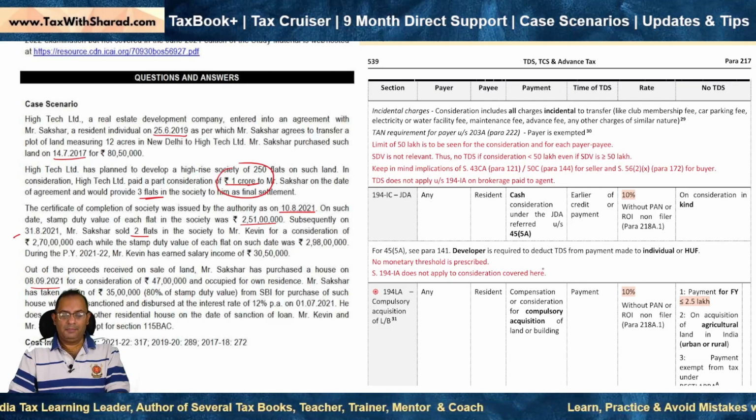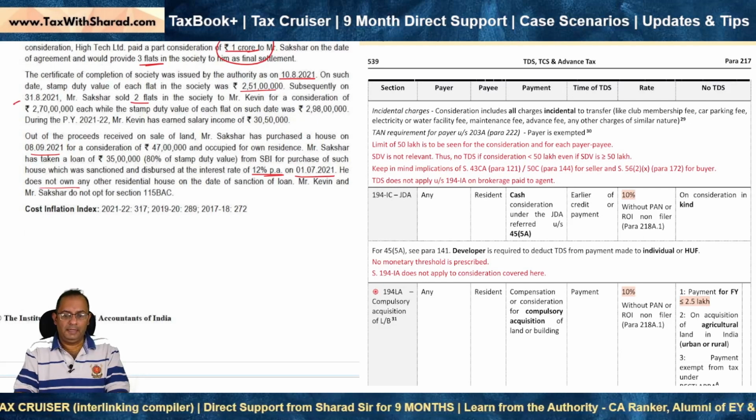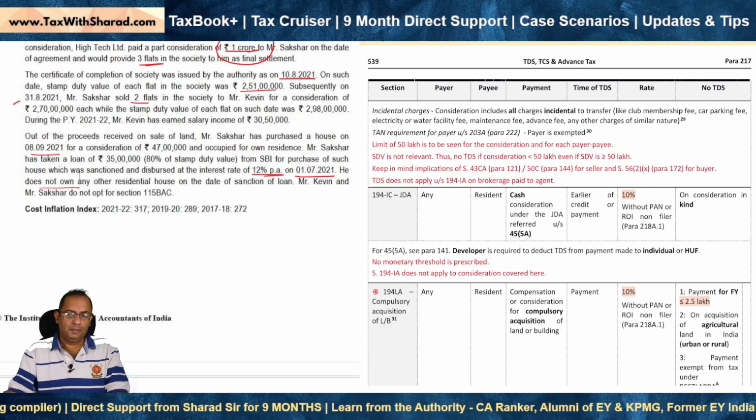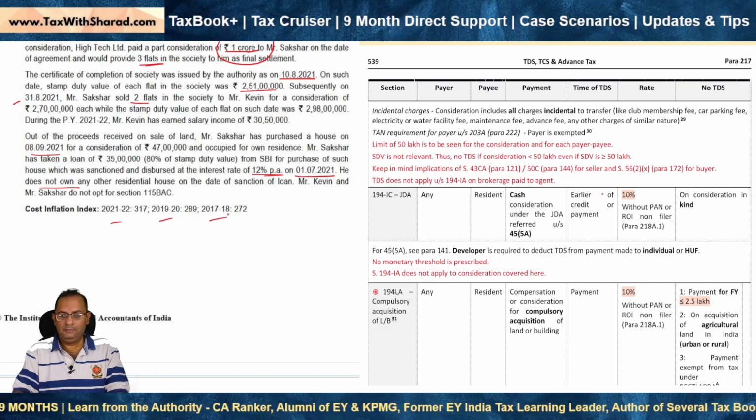So this 35 lakh represents 80% of stamp duty value from SBI for purchase of such house, which was sanctioned and disbursed at the interest rate of 12% per annum on 1st July 2021. He does not own any other residential house on the date of sanction of loan. Mr. Kevin and Mr. Sakshar do not opt for section 115BAC, and then cost inflation index for the various years is also given for 2021-22, for 2019-20, and for 2017-18.